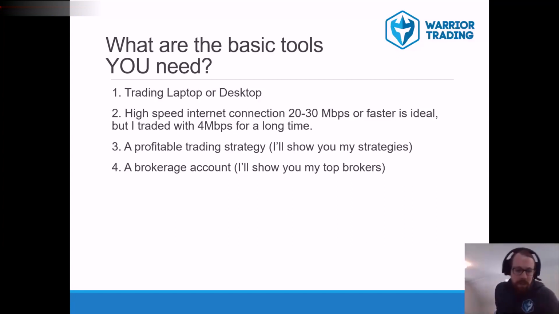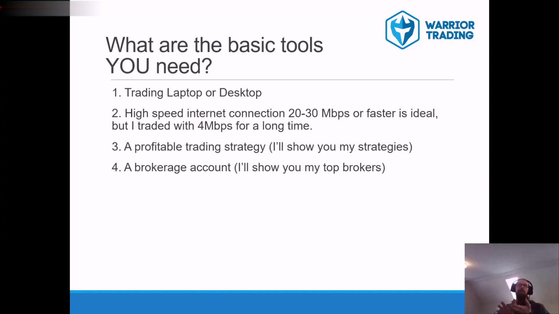So what are the tools that you need? The basic tools for a day trader: number 1, a trading laptop or a desktop. Number 2, high-speed internet connection. 20 or 30 megabits per second or faster is ideal, but I traded on DSL for a long time. So if you have just dial-up or even HughesNet, you can probably get away with it for a while, but you'll at some point probably want to upgrade to cable if you can.